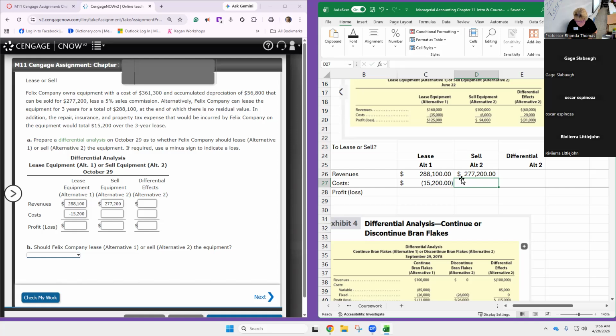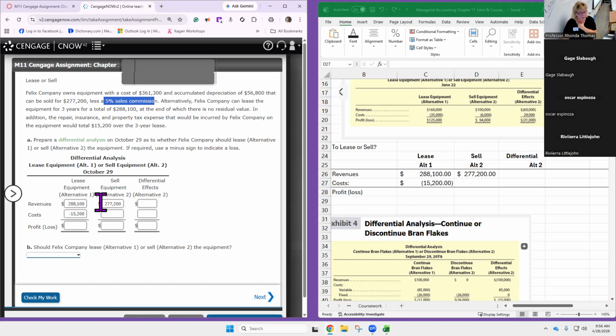All right. Here is, if you own the equipment, the cost to us was 361,000. Oh, it's 5%. Okay. So we got to go to this 5% thing here. 5% of what? 5% of the sale, correct? We got to subtract that.